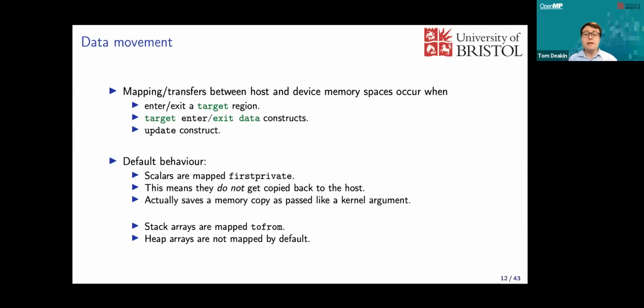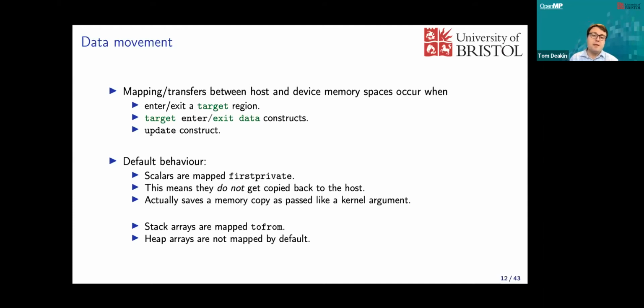There's going to be a local copy for every parallel thread running on the GPU, and each of them has its own local copy that it can freely update. It's going to contain the value that it had on the host because it's firstprivate. But this does mean that if you update it, it doesn't get copied back to the host.